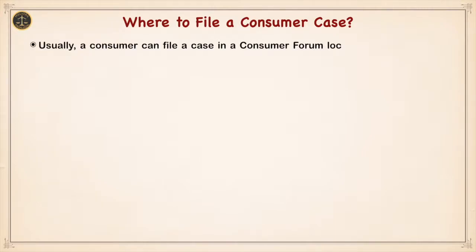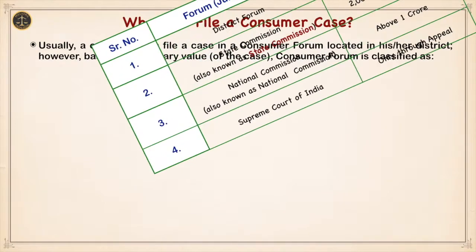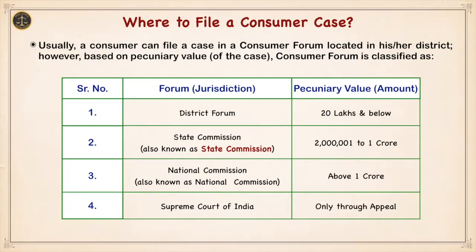So now the next question is, where to file a consumer case? Usually, a consumer can file a case in the consumer forum located in his or her district. However, based on the pecuniary value of the case, consumer forums are classified as you can see in the following table. The district forum takes cases up to 20 lakhs and below.